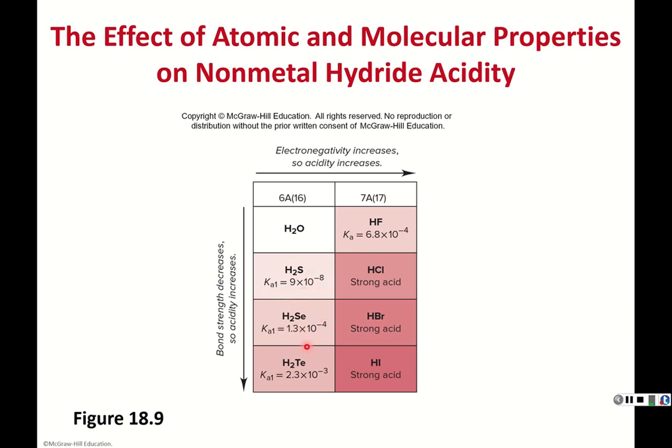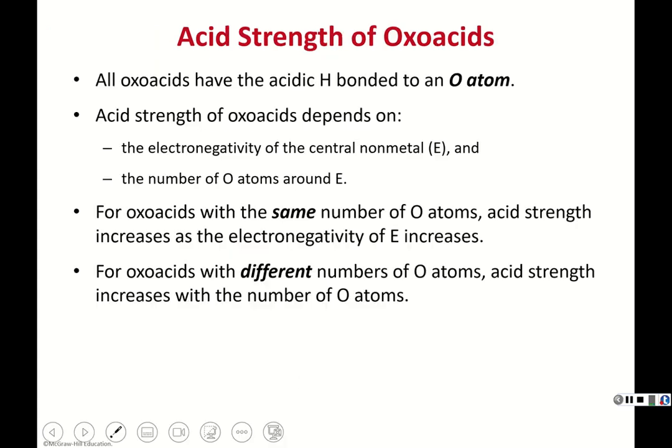Go down one more step, and you see there's a pretty big jump in the Ka value. So we're getting stronger as we go down that group. So those are the non-metal hydrides.